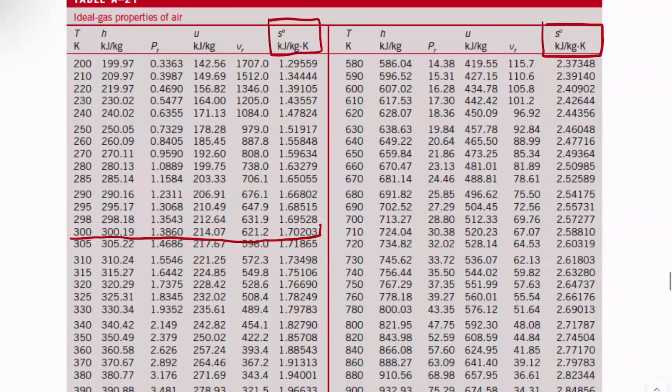Okay, so we're looking at 295, right? Okay, 295. And then here is our VR column. So we have 647.9.